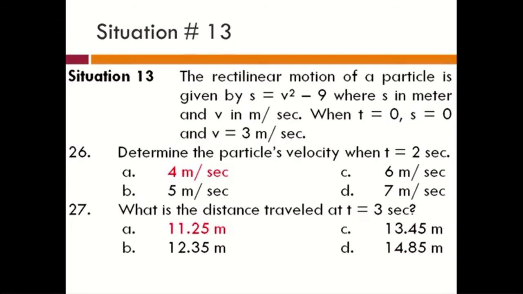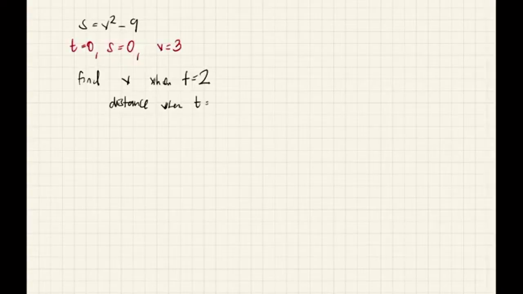Okay. So, yan. Solve natin. Okay. So, given this equation, find the velocity when t equals 2 and distance when t equals 3. So, what can we do dito sa equation na to? Okay? So, tignan natin. Alam natin na s, hindi mo na mabibiyak yan.